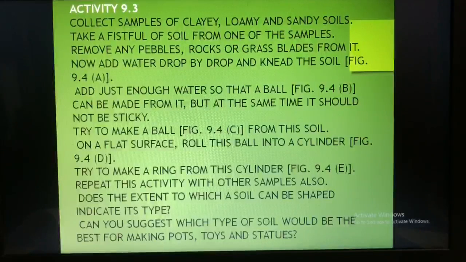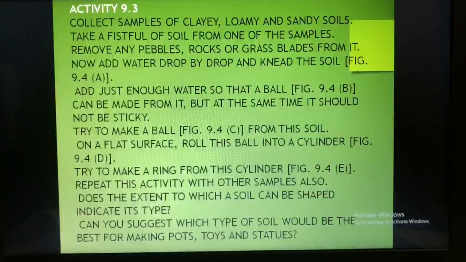So here try to make a ring from this cylinder. Repeat this activity with other samples also. Does the extent to which a soil can be shaped indicate its type? So which soil is used for making toys, pots, statues and all, you have to see.